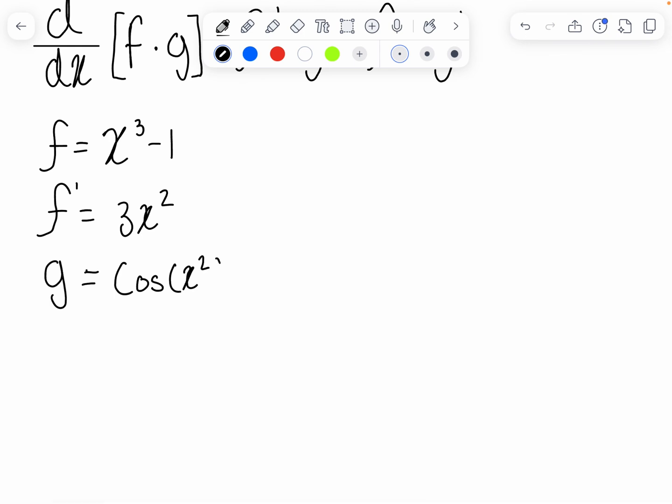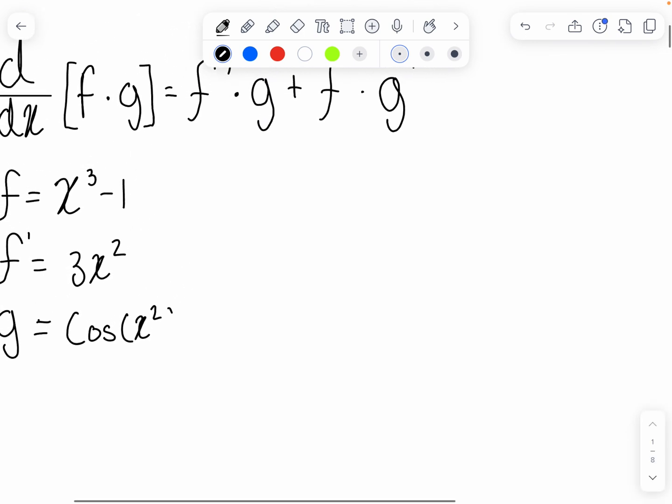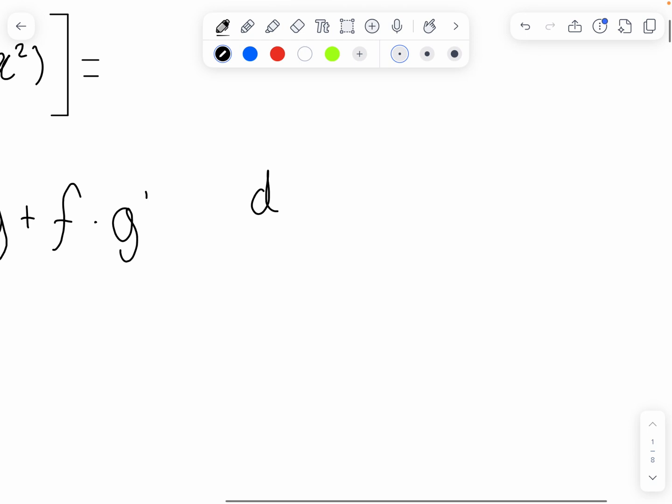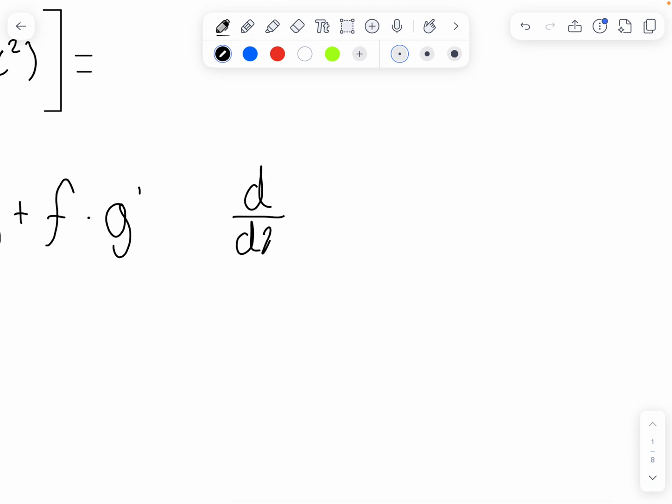And for g prime, this is where it gets tricky, but all you have to do is just apply the chain rule. I have a video on the chain rule, or I'm going to make a video on the chain rule, but in short, the chain rule is d over dx, and this is used on composite functions such as the cos of x squared.